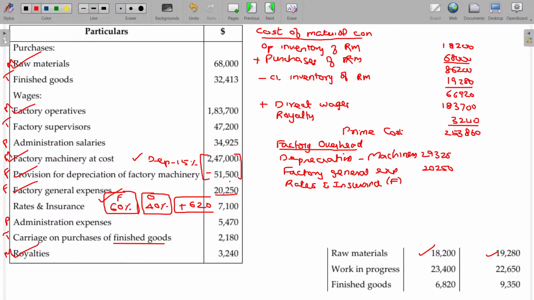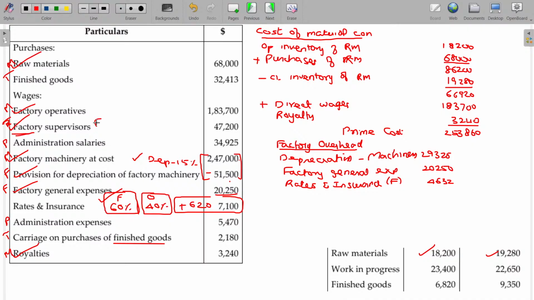You add up these two, on that 60% will be transferable here. 4632. And factory supervisor is a factory overhead.